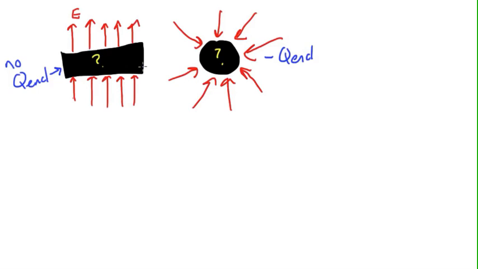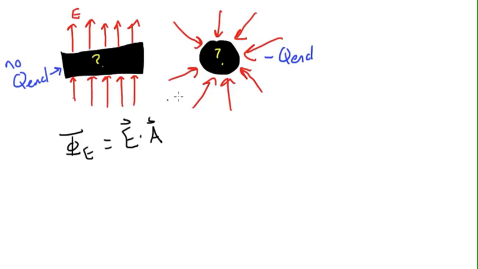So conceptually what we just walked through was the idea of electric flux, which is usually written as phi underscore E, and this is the E field dotted into the area.